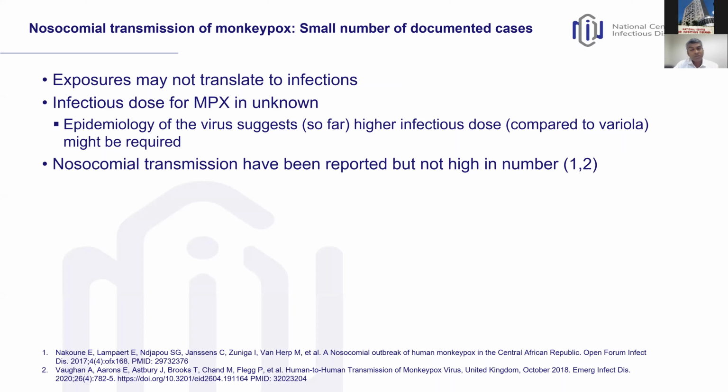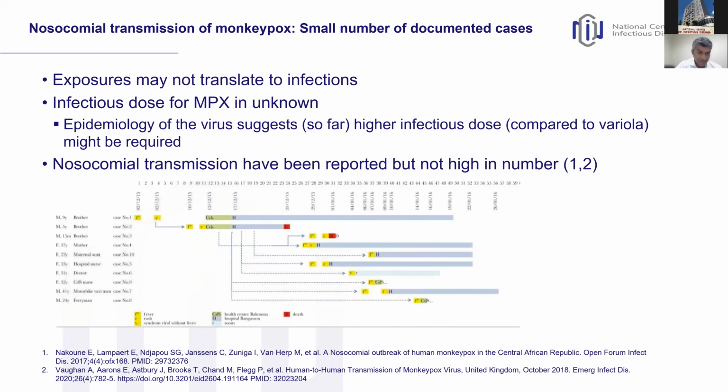But from published reports, there was this publication that showed that a hospital nurse and doctor got infected. And we all are aware of the UK case in 2018, I think, where a nurse got infected. And I think the epi investigation suggested she handled the patient's linens, and that might be the source.